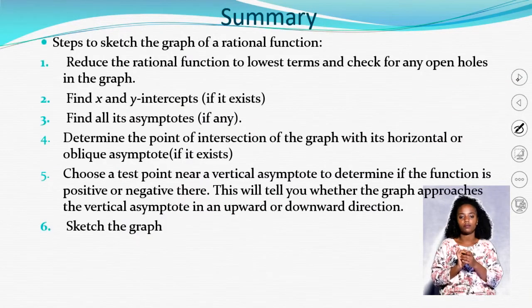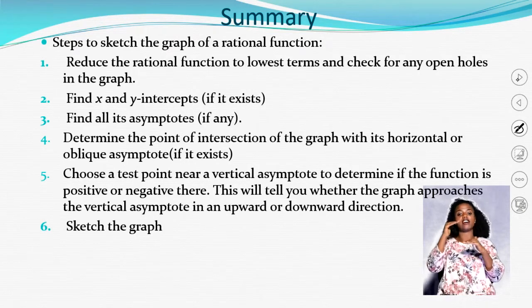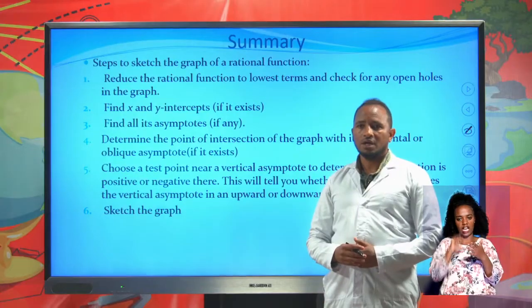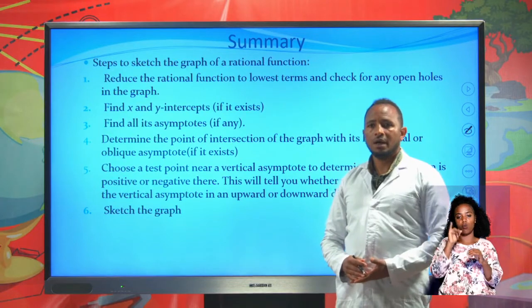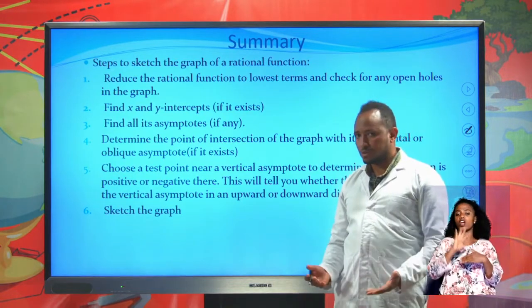To summarize what we have seen today, the steps to sketch the graph of a rational function. The first step is to reduce the rational function to the lowest terms and check for any open holes in the graph. After that, find the x and y intercepts if they exist, and find all its asymptotes.